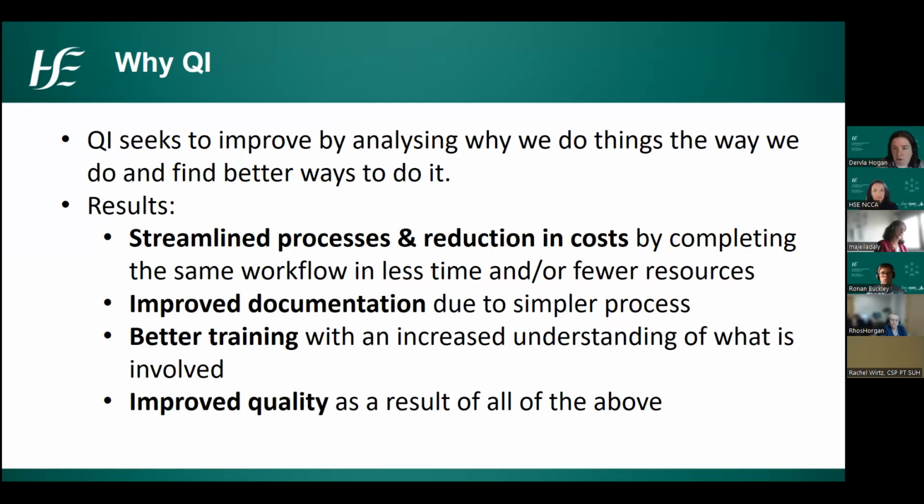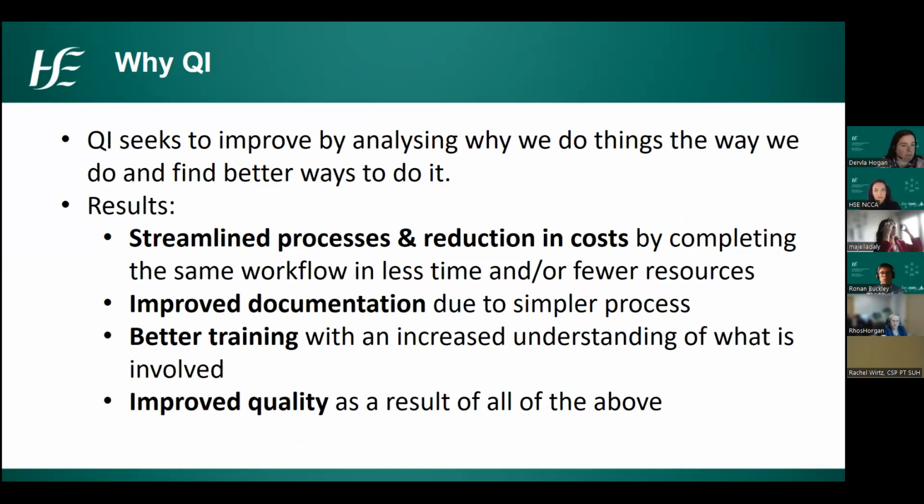So why would we utilize QI, and why would it be of any support to what we're trying to do? I suppose it's because we've seen what QI is. It's a systematic approach that seeks to enhance our operations by examining how we do things the way we do and discovering more efficient methods. We can really ensure that we're streamlining processes and reducing costs by completing the same workflow in less time and with fewer resources.